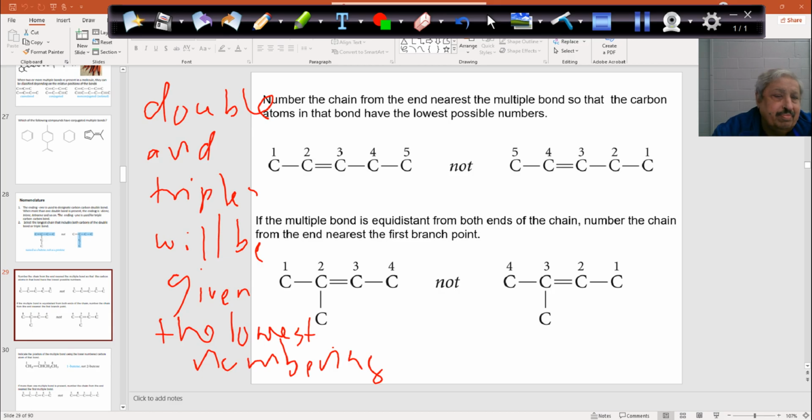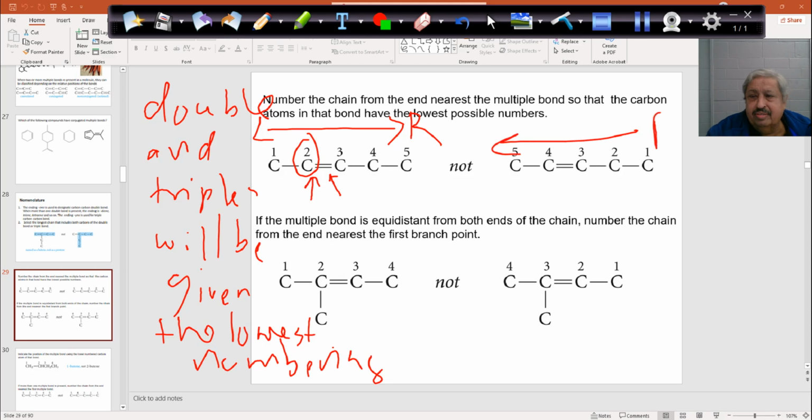Now here, this carbon is number 2. The double bond starts with carbon 2, if we are going from left to right. However, if we go from right to left, this will be number 3. Which will win? Number 2 will win. We have to have the lowest numbering for double and triple bonds. Correct? Always remember that's the case.